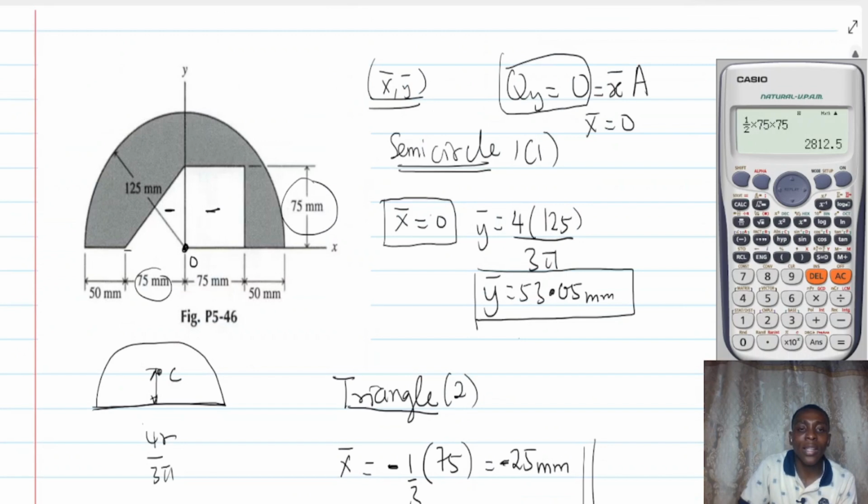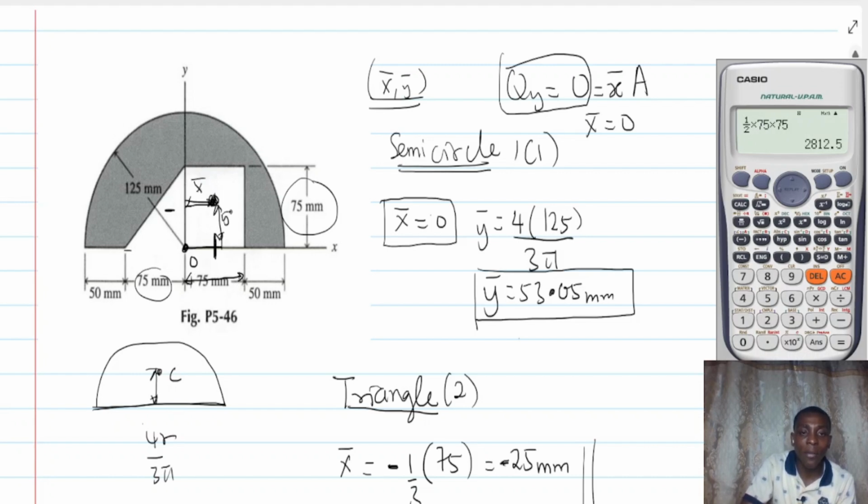It starts from the origin and walks halfway till you get to the center of the rectangle. That distance is halfway of 75. And then for the y bar, that is in the vertical direction, halfway of 75.